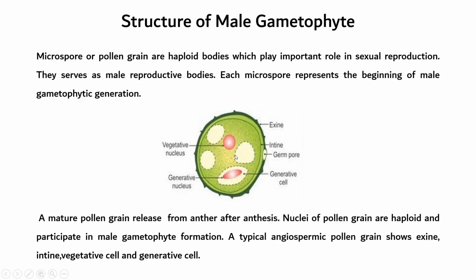A typical pollen grain shows the exine. Now see, this is the exine. This exine is the external layer, resistant and composed of many sublayers. It is made up of either one or two layers. It is mainly composed of sporopollenin and also contains cutin.